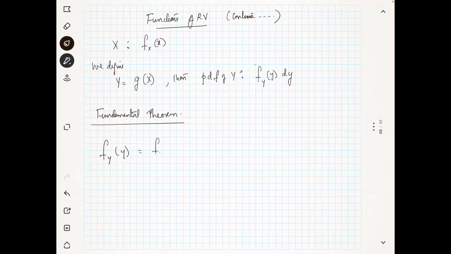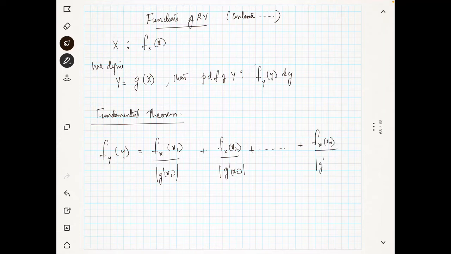It is fx of x1 divided by the absolute value of g dash of x1, plus fx of x2 divided by the modulus of g dash of x2, and so on till fx of xn divided by the modulus of g dash of xn. This is the fundamental formula.